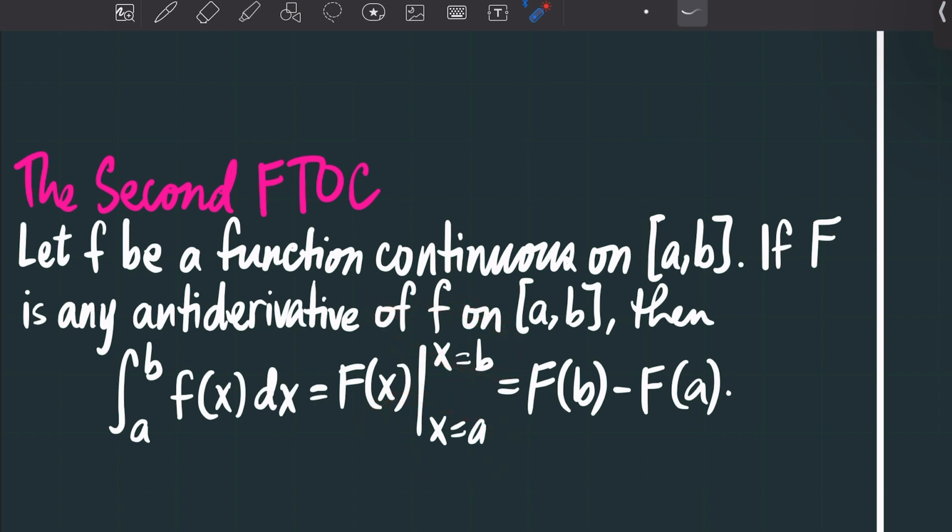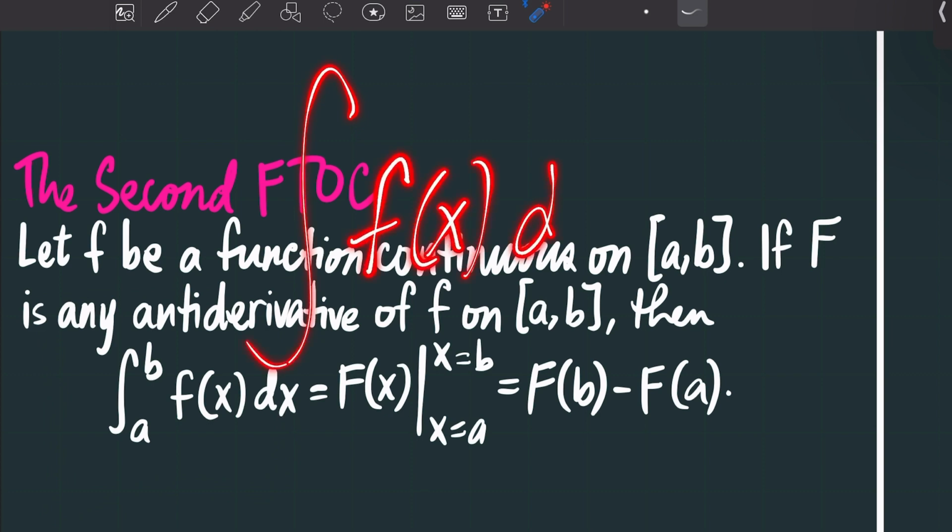Or basically, sinasabi nito, you just get the evaluation of capital F at x equals b, tapos isubtract mo yung evaluation ni capital F at x equals a. So, this one is just the indefinite integral itself.